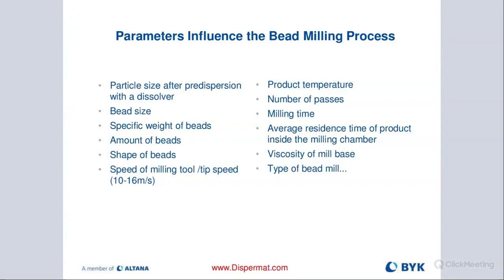With that, customers also ask what kind of chiller we recommend. We tell our customers that you should have enough chilling power on the chiller to match the output of the motor on the Dispermat or on your mill. So if the maximum output of a mill is, let's say, 1 kilowatt of motor power, then the chiller should also have an output of 1 kilowatt. That's the worst case scenario.